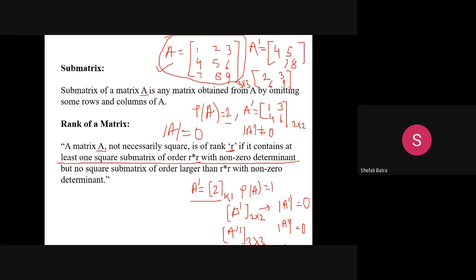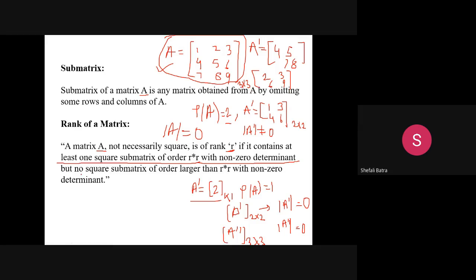Getting my point? If you are saying the rank of a matrix is 1, it means it is having at least one submatrix of order 1 with non-zero determinant. Along with that, all higher order submatrices with zero determinant, right?